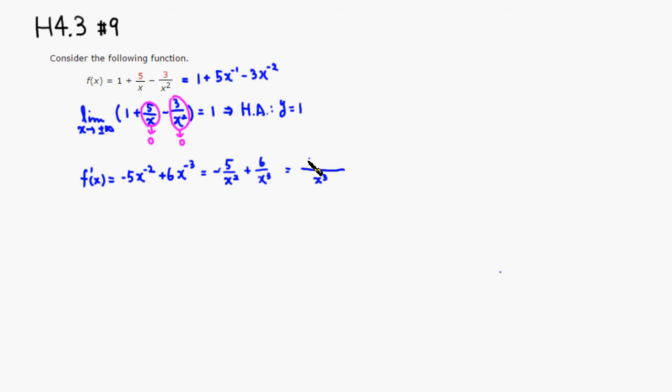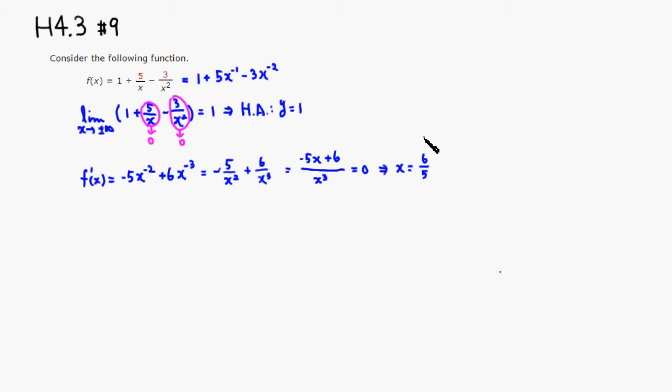So we get negative 5, and I would have to multiply top and bottom by x, so negative 5x plus 6. We set this equal to 0, and we make the numerator equal to 0. We're going to get x equals 6 over 5.